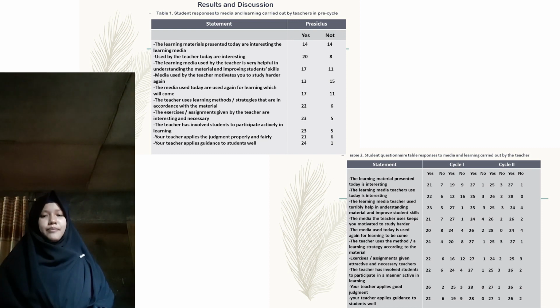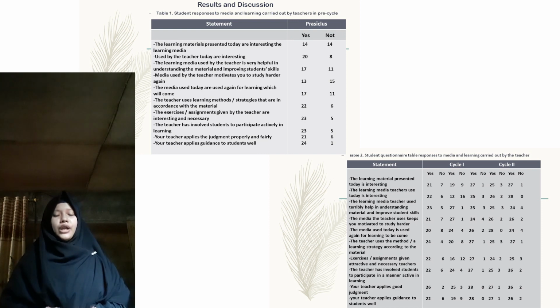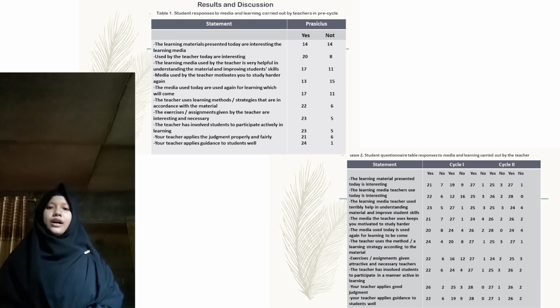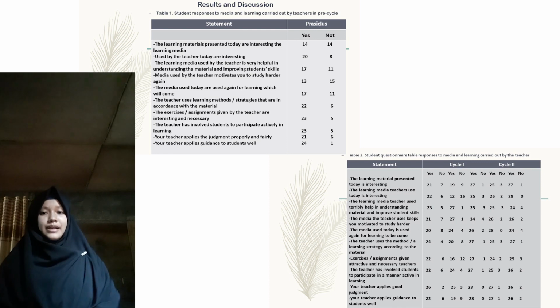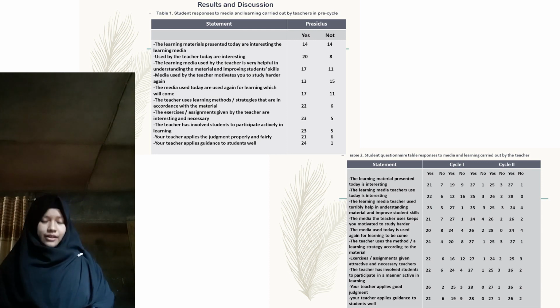In the first meeting of cycle 1 activities, the students who were actively discussing were 53.6%. While at the second meeting, the students who were actively discussing were 50%. This means a decrease.